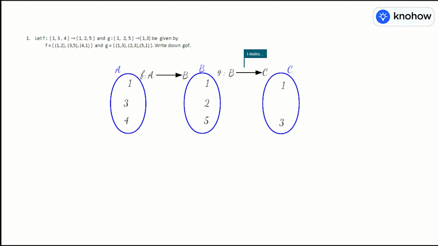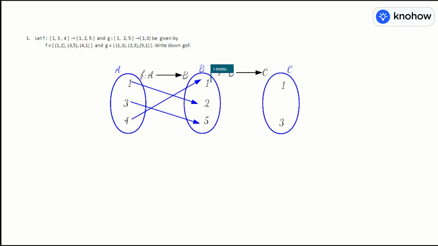Now let's see what is function F. It is 1, 2. 1 is associated to 2. 3, 5. 3 is associated to 5. And 4 is associated to 1. Okay? 4, 1.